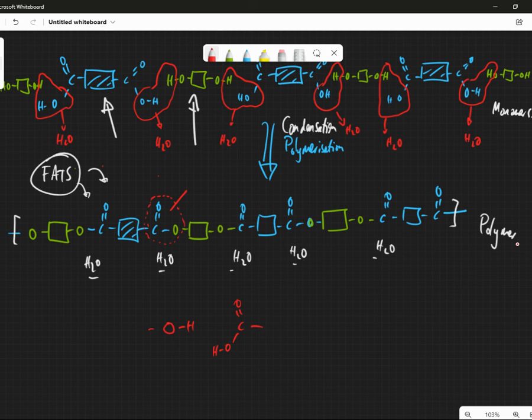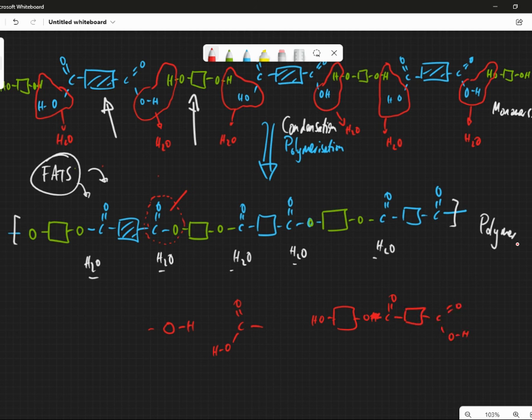Just naturally, what's going to happen is one molecule has an OH and an OH, just floating around. Eventually one side will react with a carboxylic acid, and you'll get this unit.